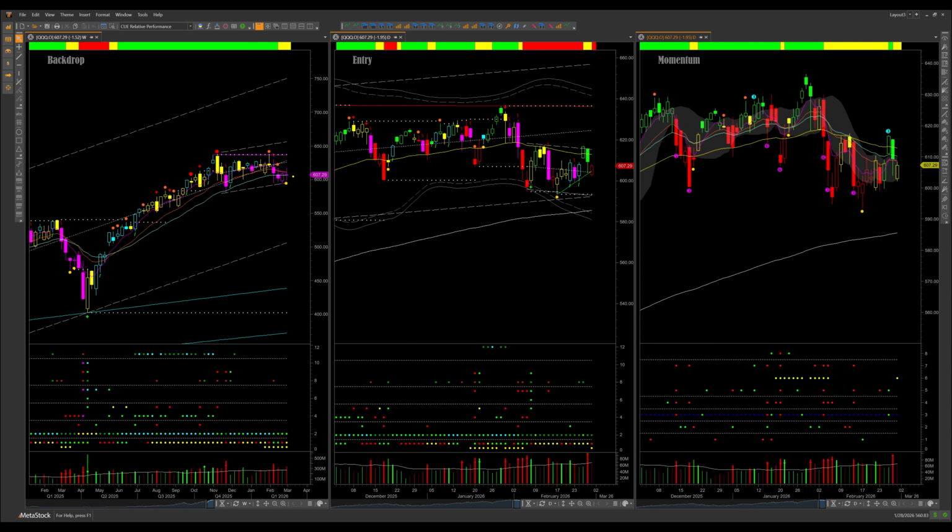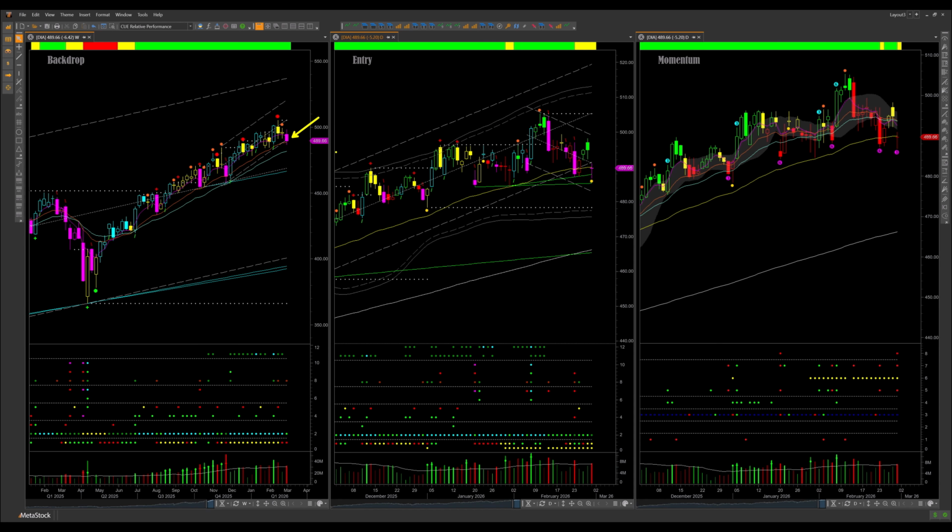QQQ, looking very similar to SPY. Weekly has a doji candle. Daily is inside a range. It's also inside a wider range. QQQ is indecisive.